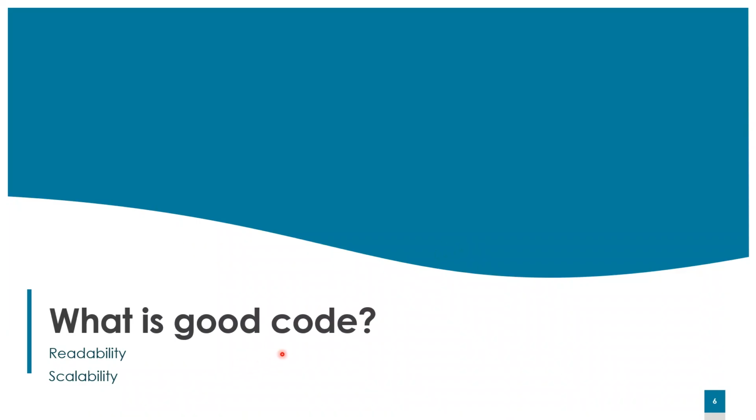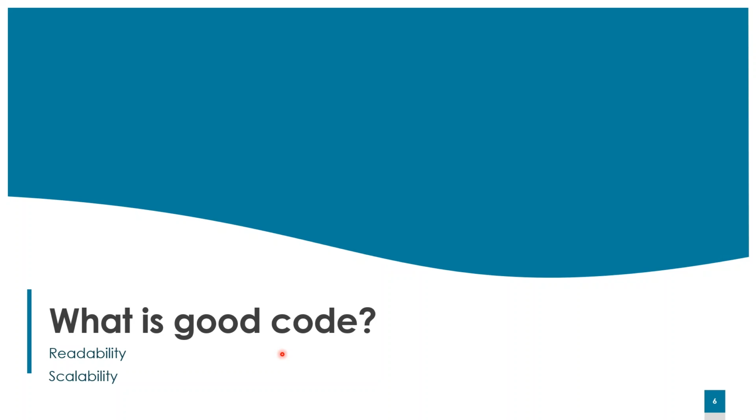Then the next question is, what is good code? There are two things I focus on: first is readability and second is scalability. Good code can be good for me but might not be good for someone else, because I think it's good code since I understood it easily, but maybe someone else could not understand what I wrote.